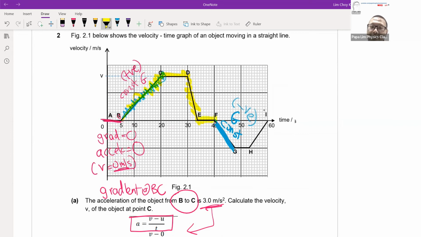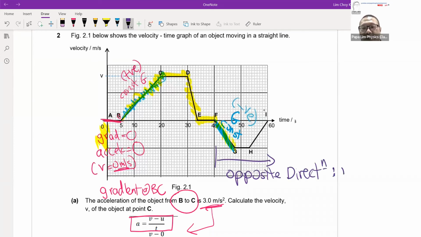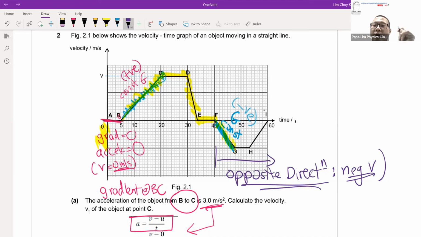Then after that, FG, you will find that the speed is increasing, but it's in the negative area. Here I would say that the negative region implies the opposite direction. The negative sign here means opposite direction. That's what the negative velocity means. The negative velocity actually denotes the object is going in the opposite direction.